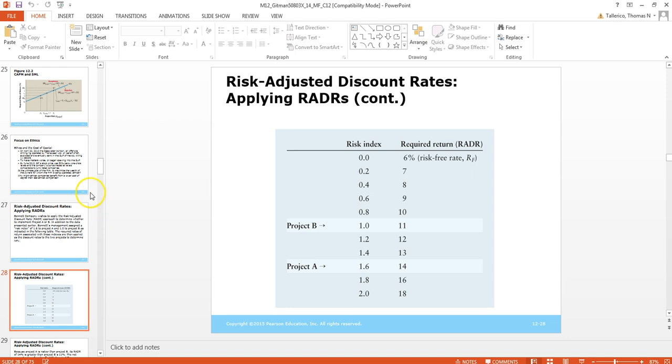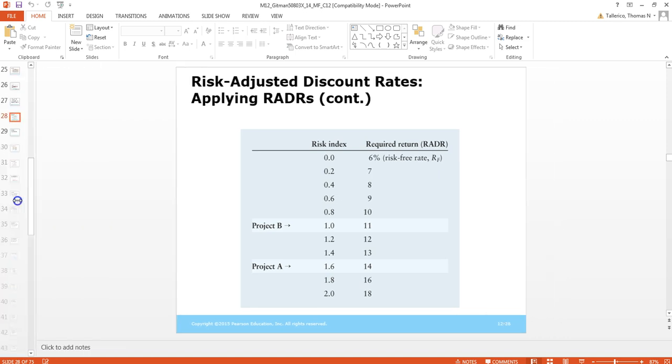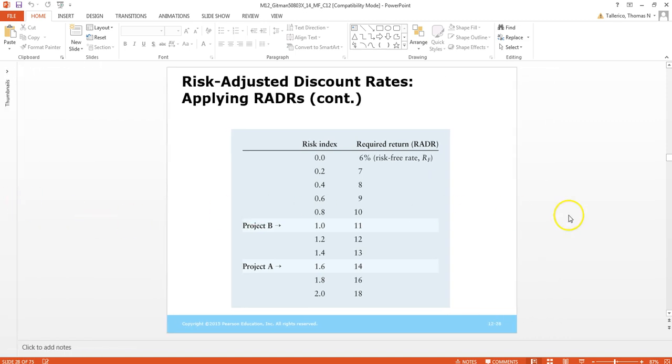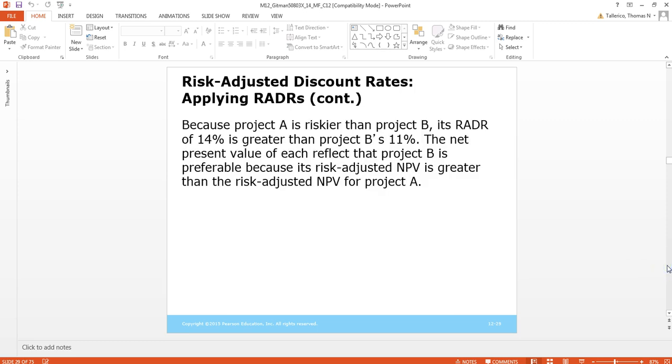So you could just be subjective with that. As you saw, because project A is riskier than B, its risk-adjusted discount rate is greater: it's 14, and it's greater than project B's 11%.